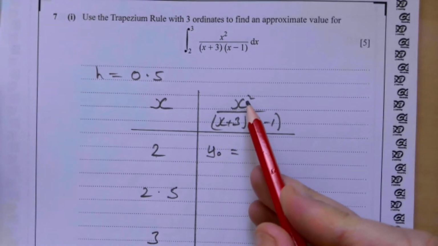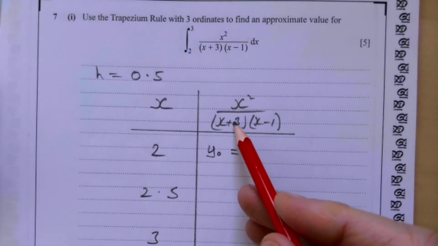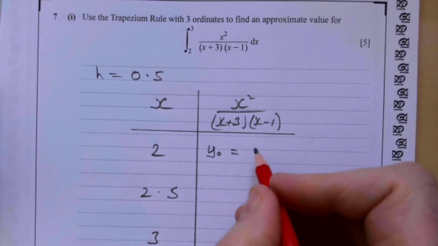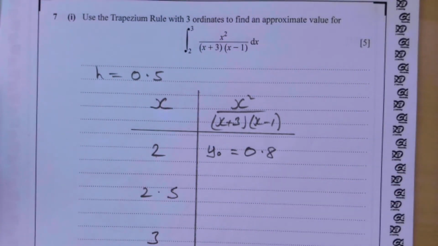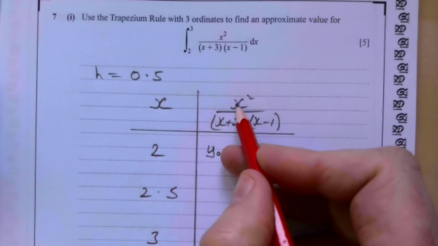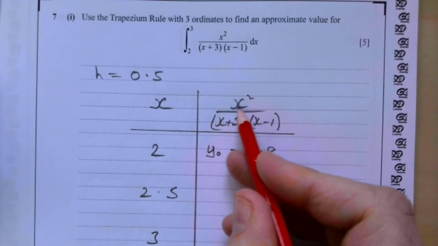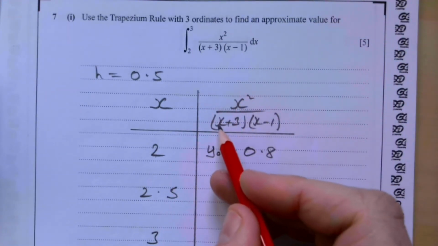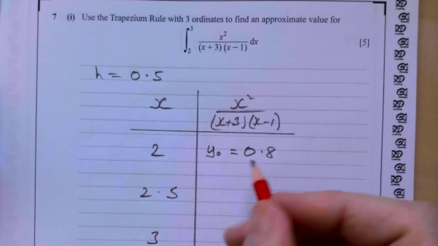So to get our y0 point, we're substituting in then the number 2. So on the top you're going to have a 4, and then you have a 5 times a 1, so it's 4 over 5, or if you want then 0.8. If we sub in 2.5, it gets a wee bit messy, but you can take my word for it. 2.5 squared is 6.25, we have 5.5 here, and then 1.5 here, and you multiply it.